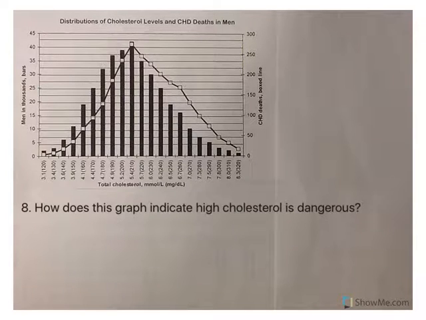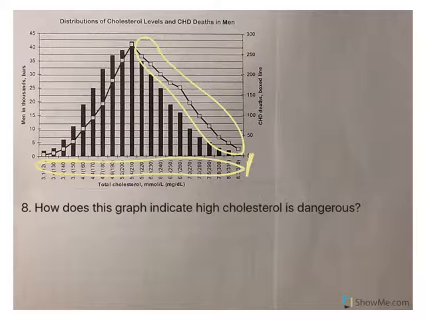So how does this graph indicate that high cholesterol is dangerous? Well, you can see these are the numbers of high cholesterol here. As cholesterol gets bigger, you can see the number of deaths. Very few people have a cholesterol of 320, but people are dying from it. So it appears that the higher your cholesterol, the more people die, right?